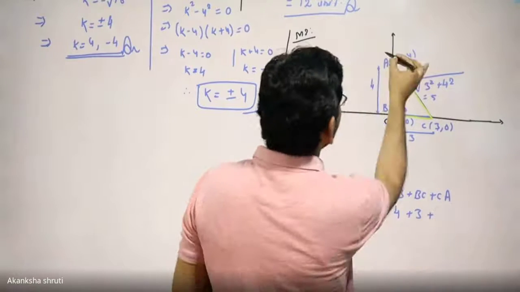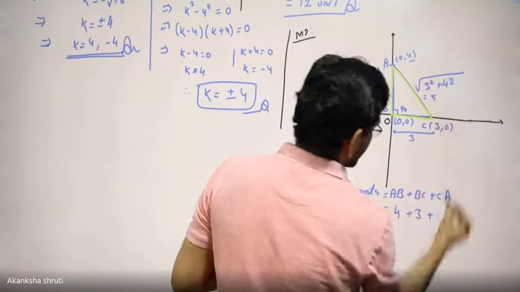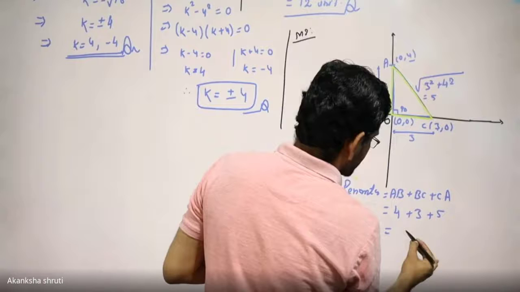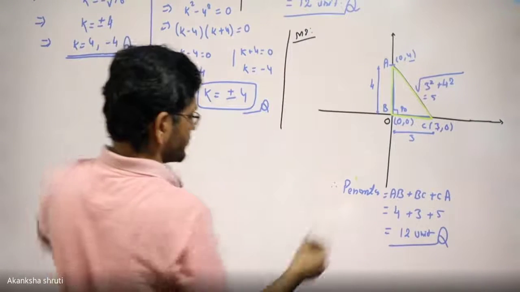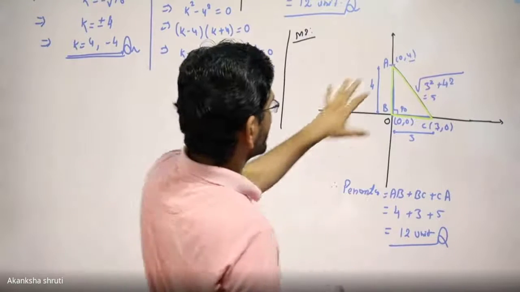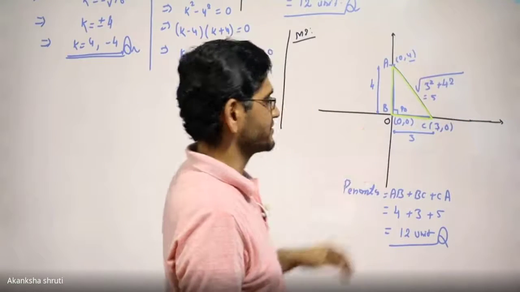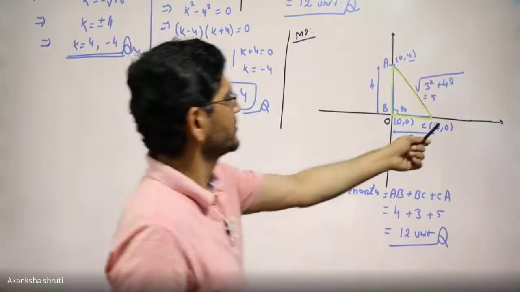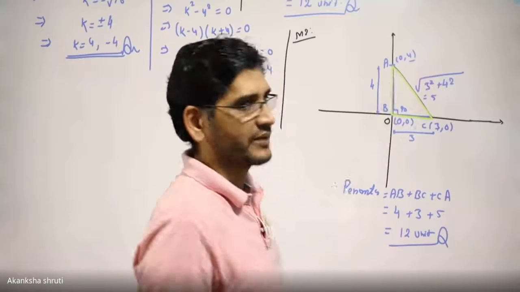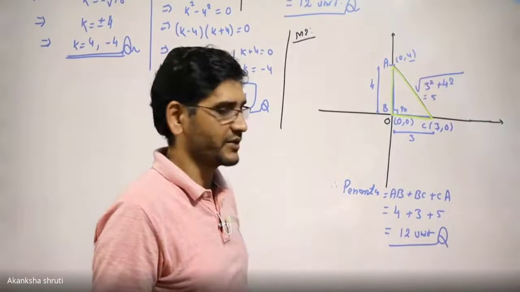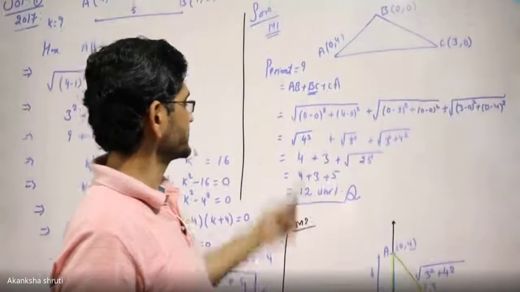And CA we have calculated as 5. It is the same 12 units. So in MCQs, we may apply this method, which acts as a shortcut because these coordinates are convenient. So just by observation, we have to choose whether this shortcut can be applied or the most general method we shall apply.